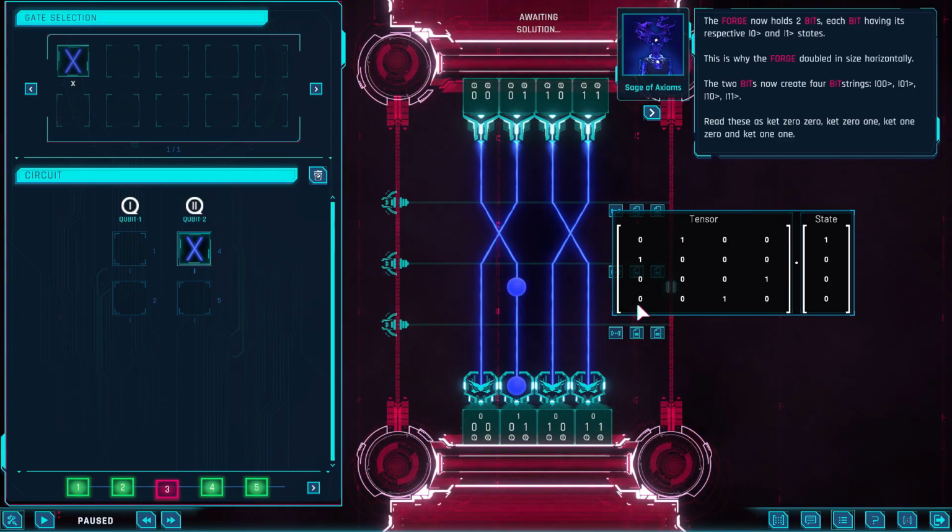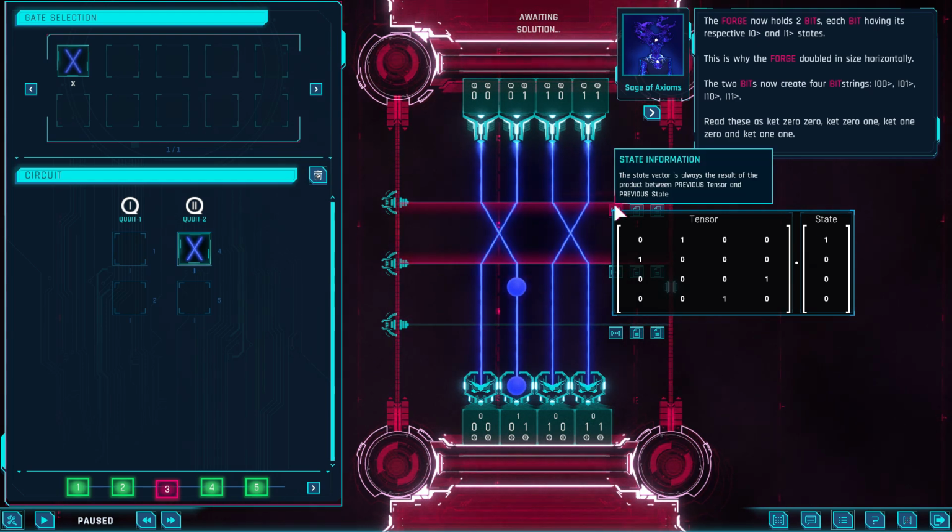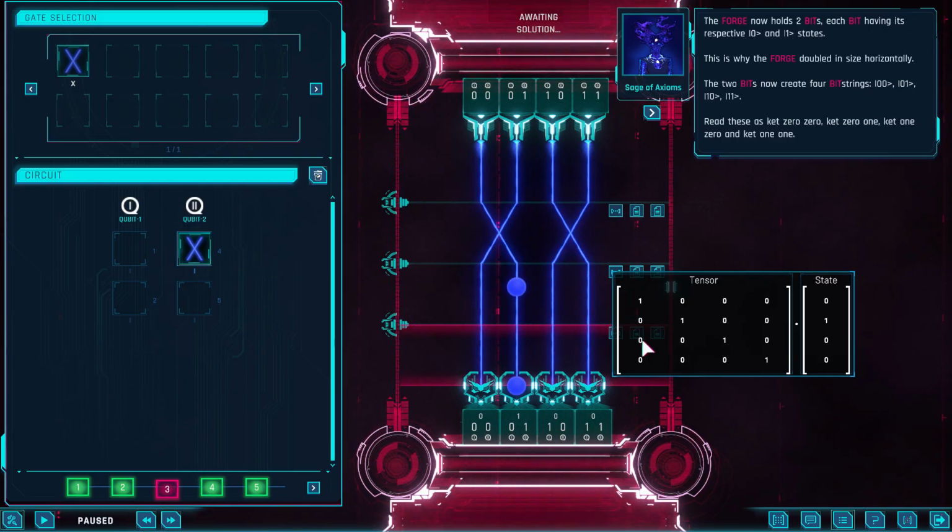And if we look at the tensor for the identity state, it looks like this. And the identity state, you'll see this diagonal where the ones just go down. And so if this was a 1, then the tensor says that we should have an output of 1, of the 1.